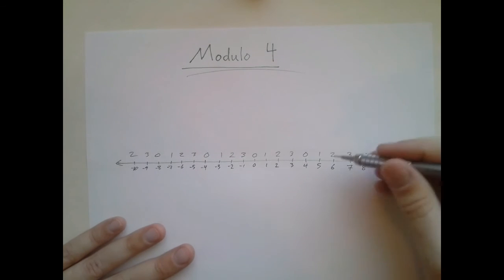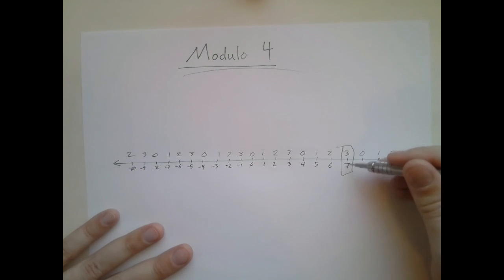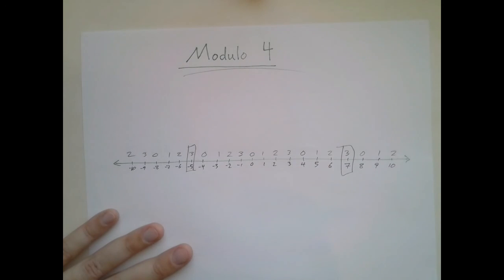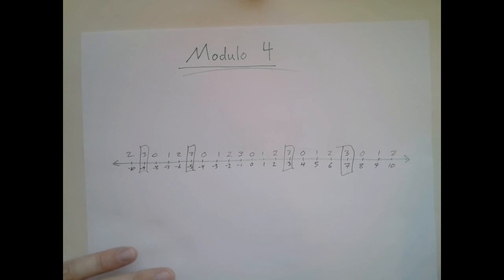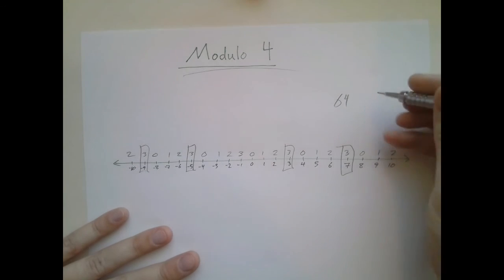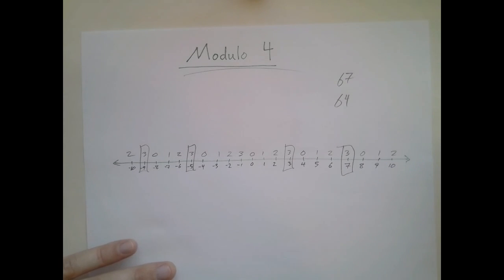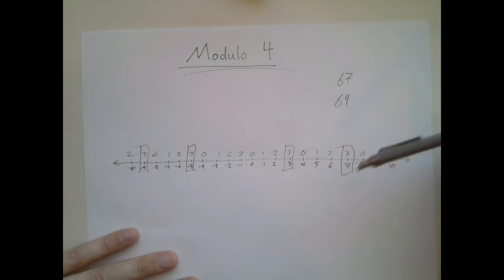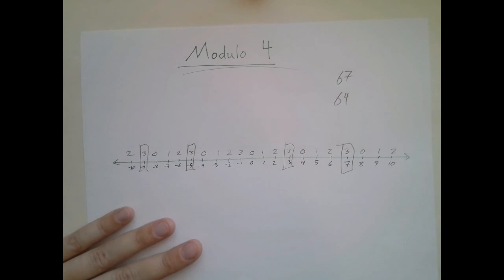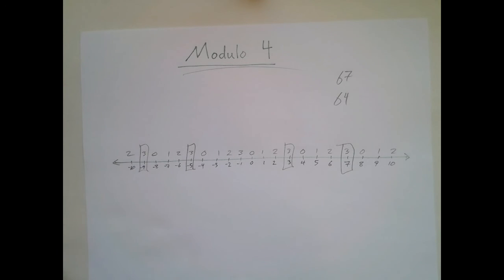So in mod 4, 7 is congruent to 3, negative 5 is congruent to 3, negative 9 is congruent to 3, 3 is congruent to 3, obviously. 67 is congruent to 3 because 64 is divisible by 4, and so 67 would be 3. So there's an infinite number of integers that are all congruent to 3 in mod 4, or in any modulus, unless it's 1 or something like that.